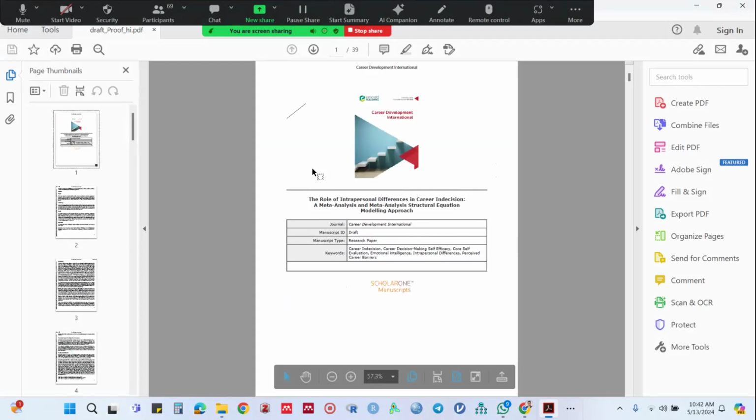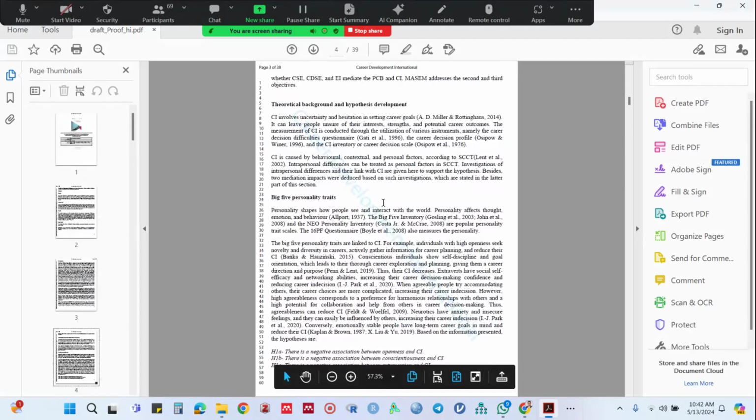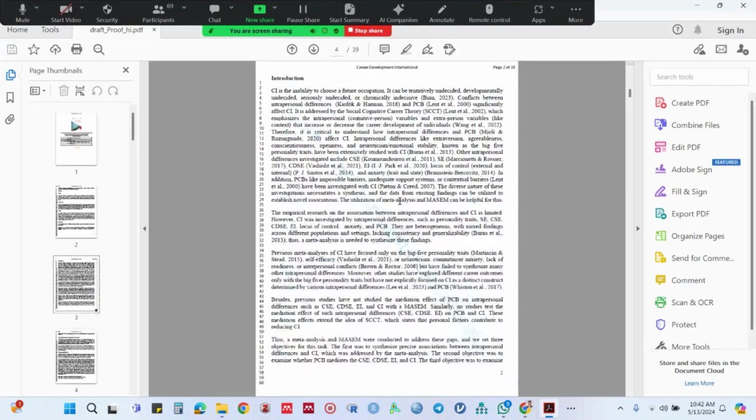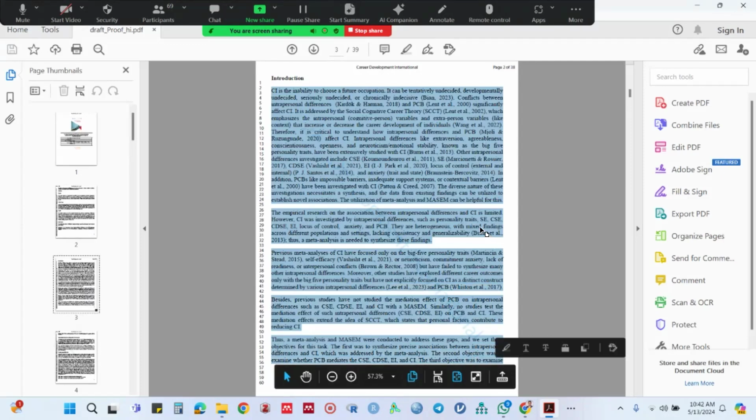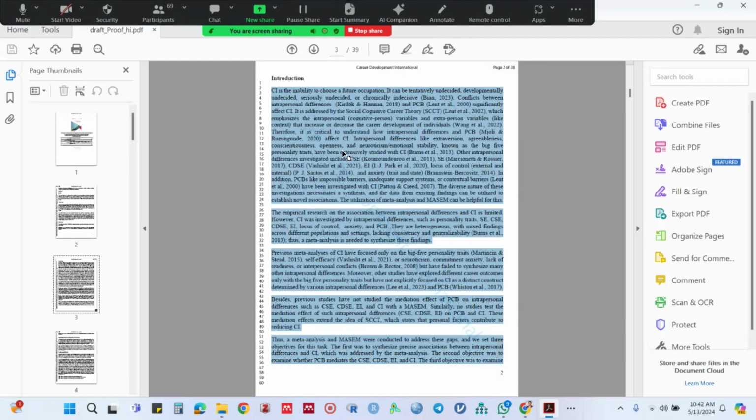Suppose this is the article that I'm referring to you to read, this is the content that I want you to learn, and this is the thing that I want you to teach.